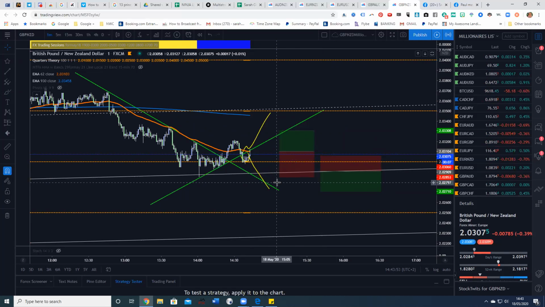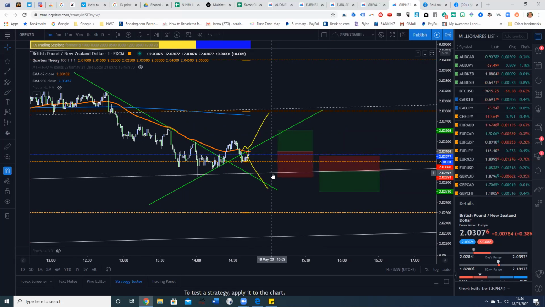So have a look at your time, the hourly candle, the half-hour candle close, and that pitchfork down there is 2.02895. If it does wick off there and come down, then you know it's crossed over there. If it's going to carry on down, then you've got a trade down there.